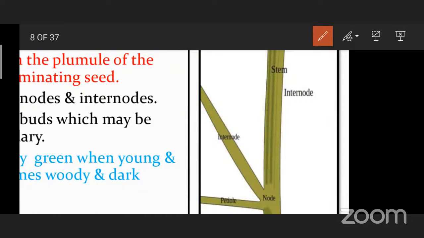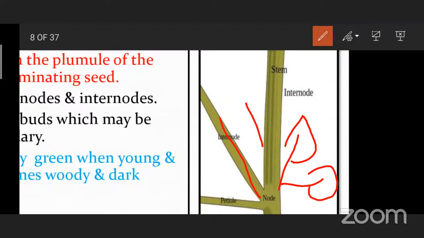The stem bears the branches, leaves, flowers and fruits.